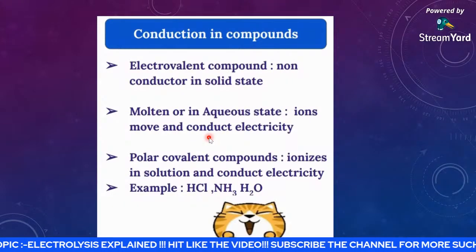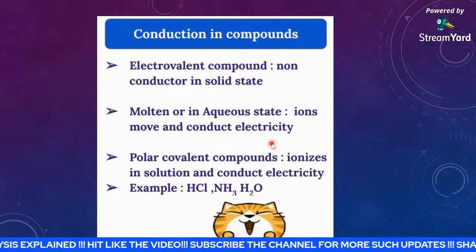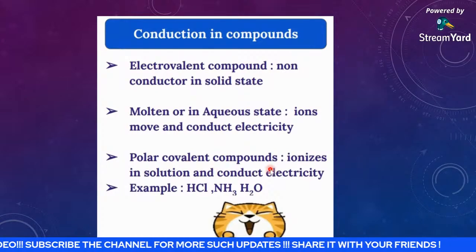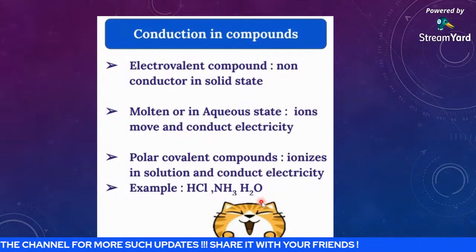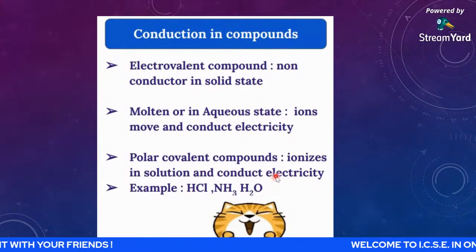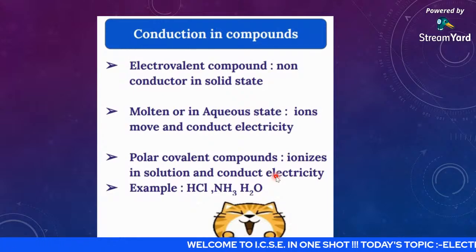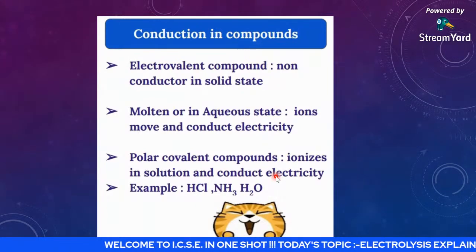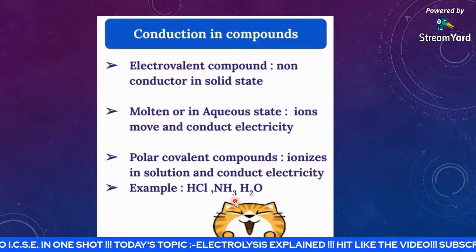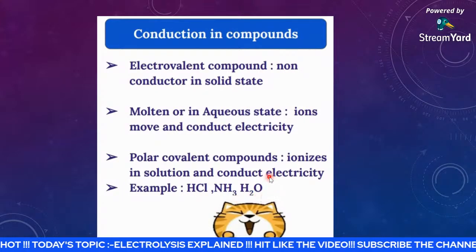It becomes very easy in this case. And polar covalent compounds ionize in solution, so they conduct electricity. This is because they have a fractional charge, and whenever they are supplied with electric current, ionization takes place, and thus the charges become free ions.